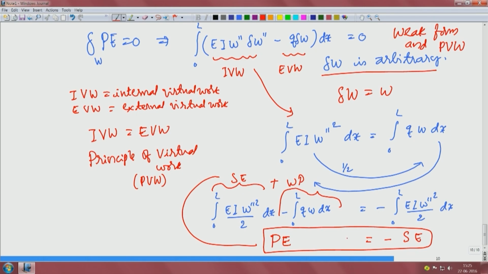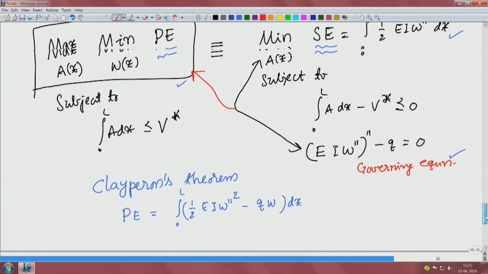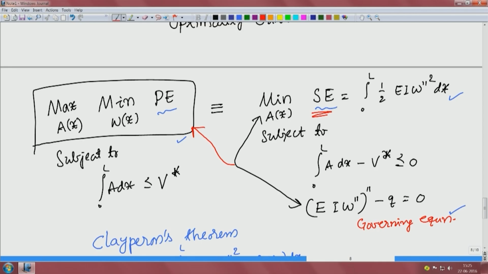And because of that, when we want to minimize strain energy, we are maximizing potential energy with respect to A of x, and minimizing potential energy gives us the governing equation.